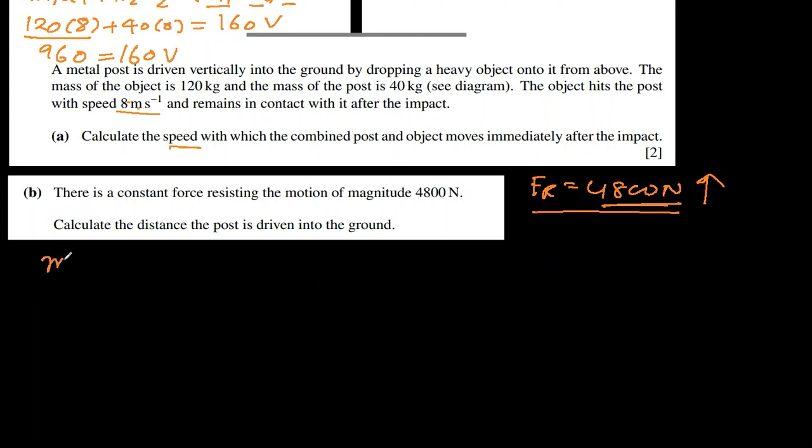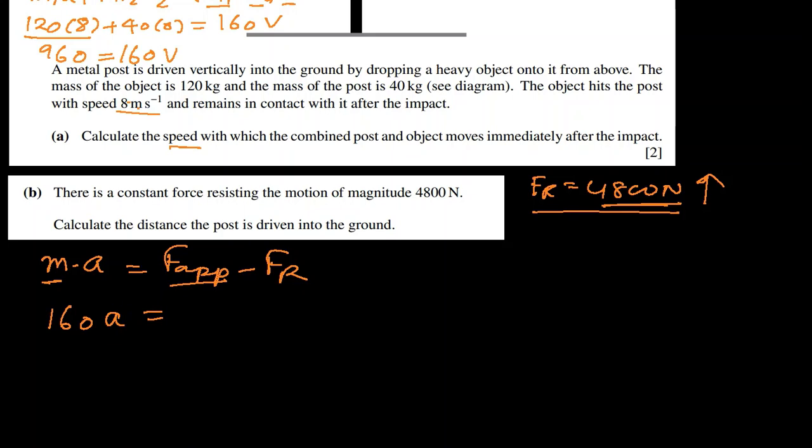So we know that ma, which is F net, is equal to the force applied minus the resistive force. Both the masses are going down, so 160 is the total mass. Acceleration we are trying to find out.